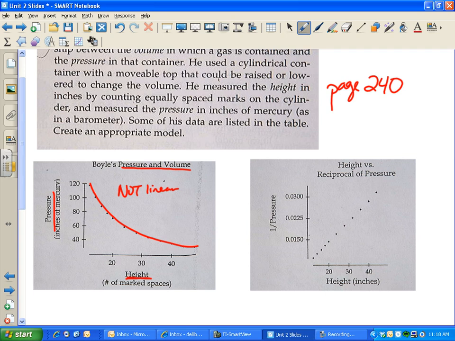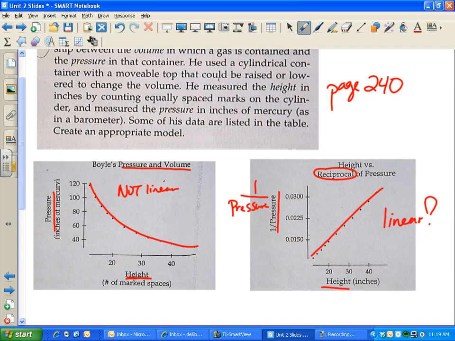But on the other side, we have the height again, and then 1 over pressure, they call that the reciprocal, right? 1 over pressure. And hopefully you'll notice this looks, wow, very linear.